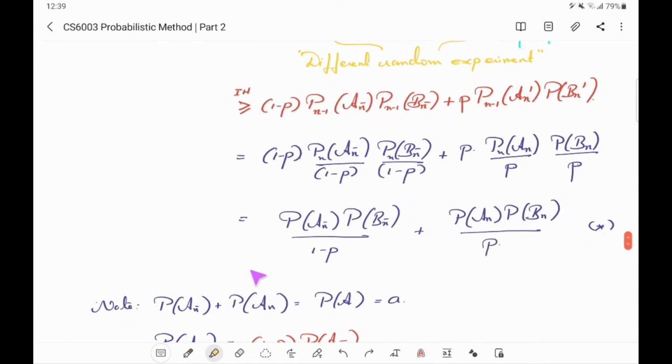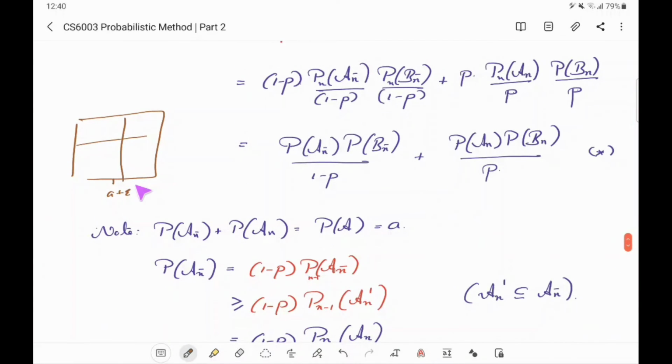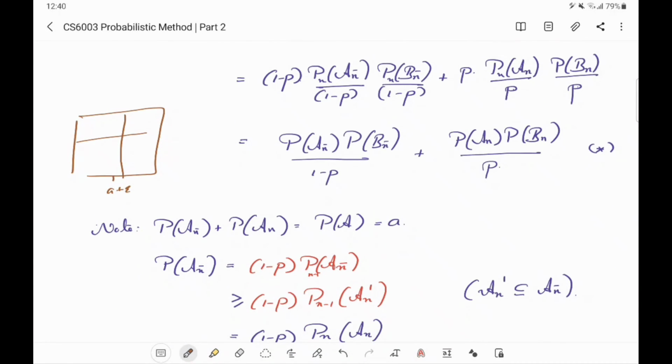Okay, now from this point you still have to do that clever part, which we did by drawing a square and so on, right? That clever part is still left, but you have to be cleverer. Earlier you split it based on midpoint plus epsilon 1 and midpoint minus epsilon 1. Here the best point to split it is not the midpoint.